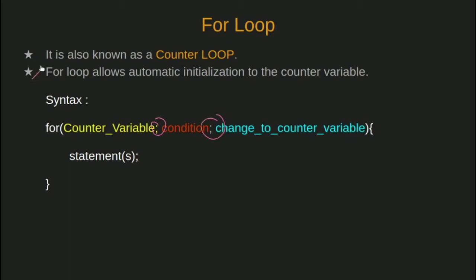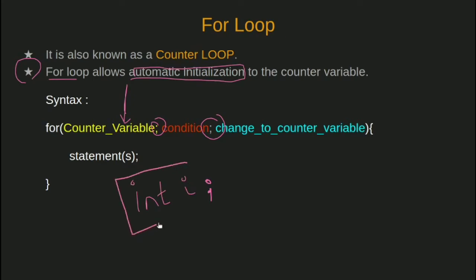The next point says that the for loop allows automatic initialization of our counter variable. What this means is that if we declare a variable by the name i, it will automatically be initialized, and this initialization will depend on the data type associated with the variable.